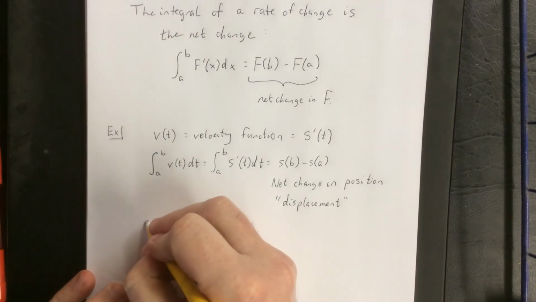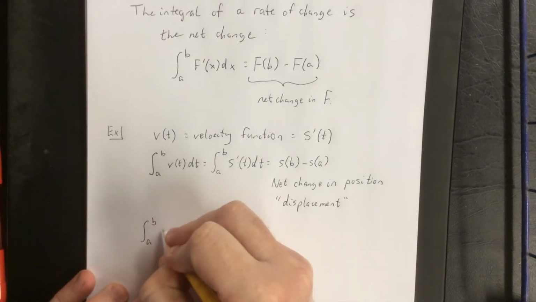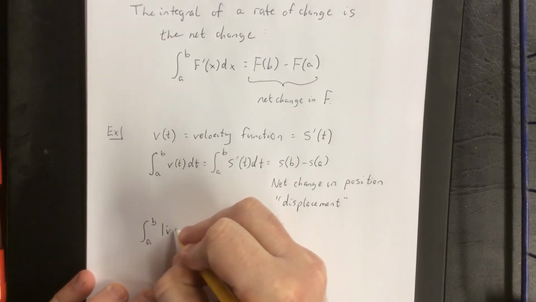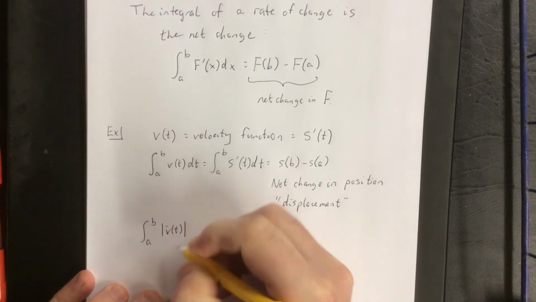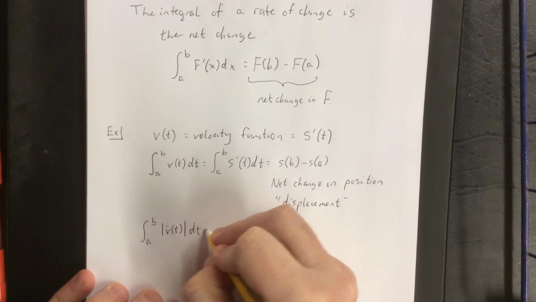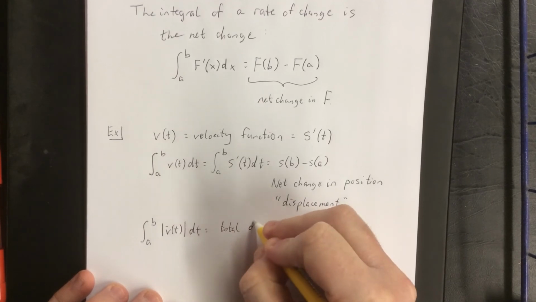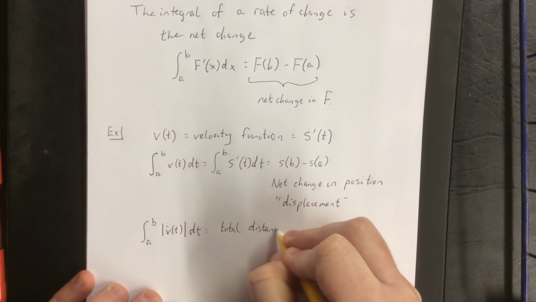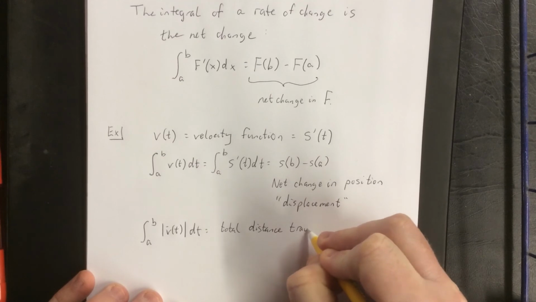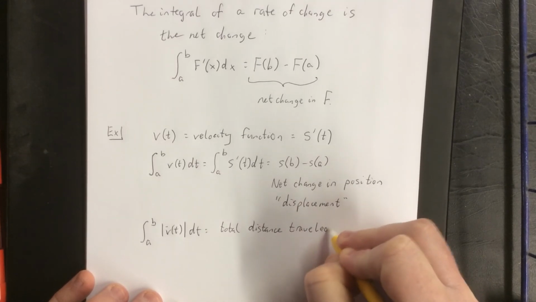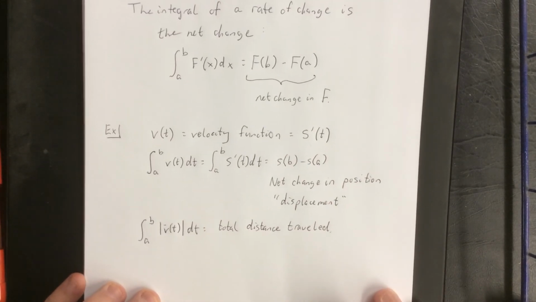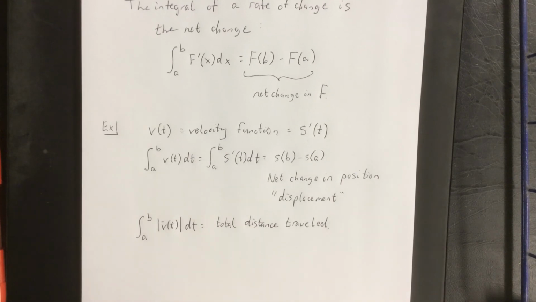If we were to take the definite integral of the absolute value of a velocity function, then this would be the overall change in distance. Now in our next video we'll go over an example of the difference between those two things.